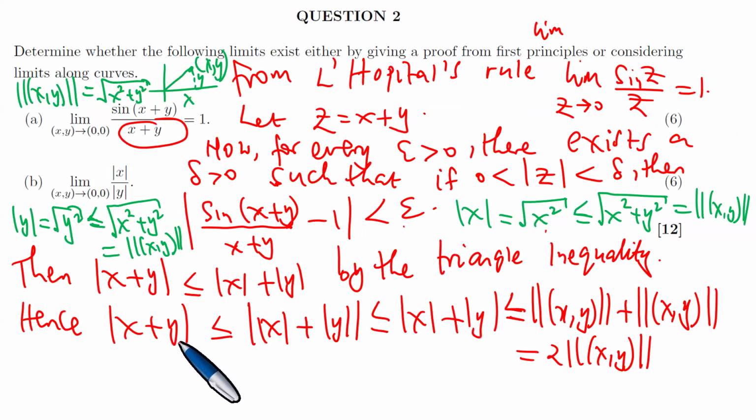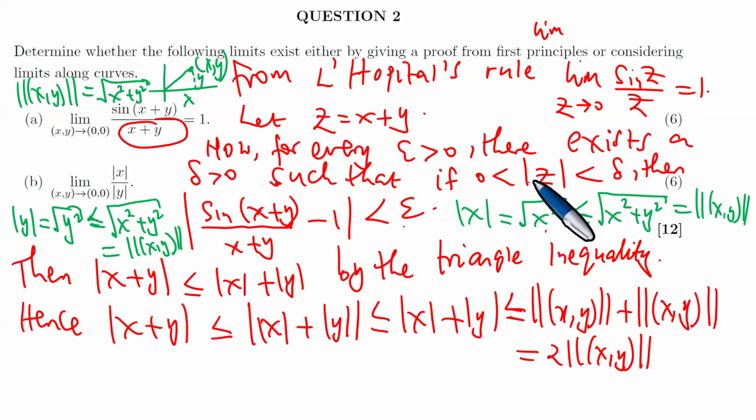But moreover, it is because of the fact that our delta lies between, we have the modulus of z, and z is x plus y. So from the onset of the problem, the absolute value of x plus y lies between 0 and delta. We said if 0 is less than the absolute value of z less than delta, the z is x plus y.